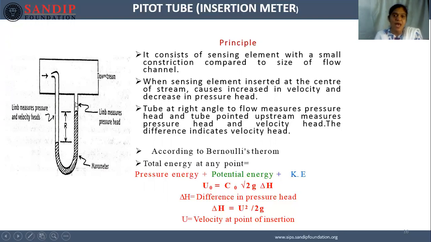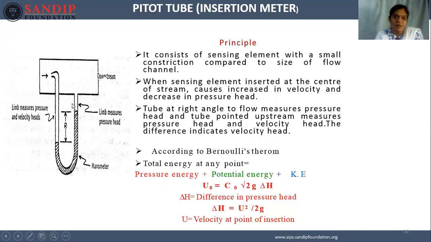The tube at right angles to the flow measures the pressure head, as shown in this diagram, whereas the tube which is nearly parallel to the flow of fluid measures the pressure as well as the velocity head.